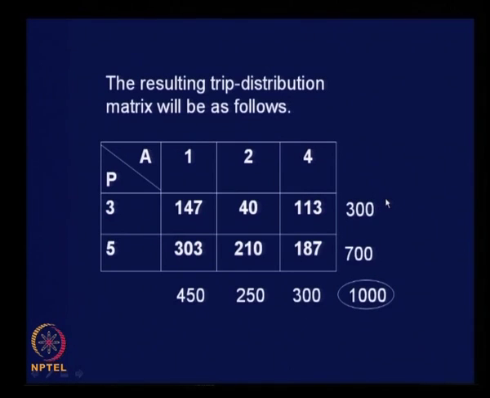So, that is why I said that when dealing with a large number of cells you should be careful in rounding off and see that we are not violating the constraints related to Pi and Aj. Still, in most cases you will be able to logically round off the fractions to the nearest whole number, clear.